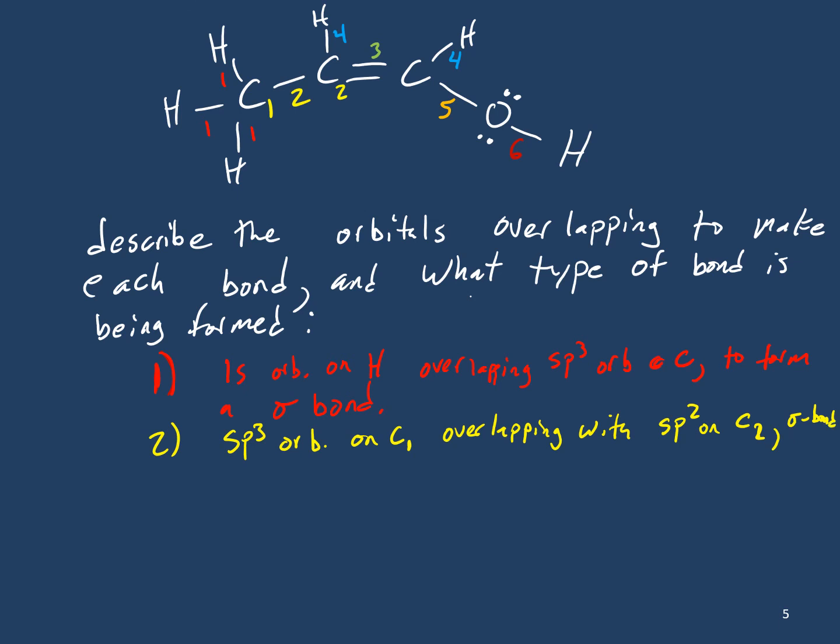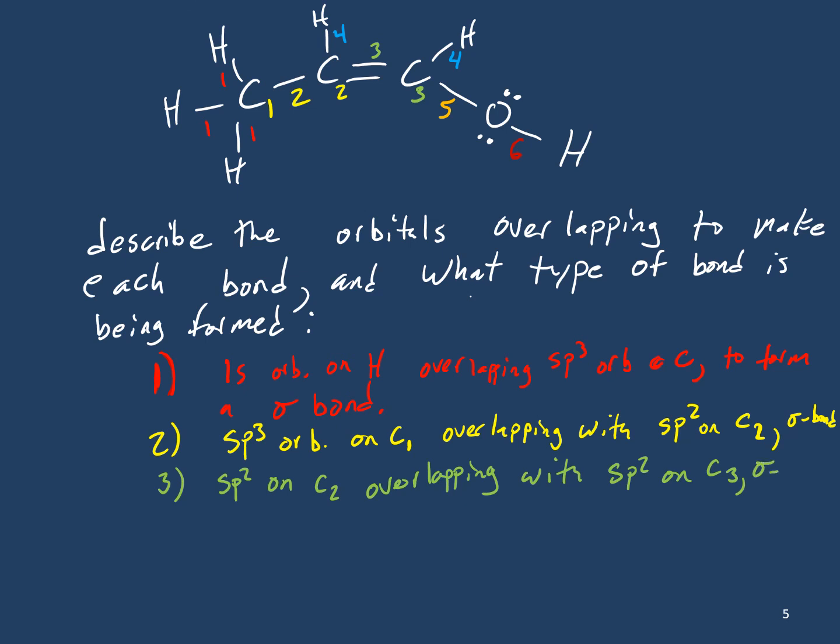So let's talk about number 3. Number 3 is going to be 2 parts. One of those parts is that we have an sp2 on carbon 2 overlapping, we'll call that one carbon 3, so sp2 on carbon 2 overlapping with sp2 on carbon 3.